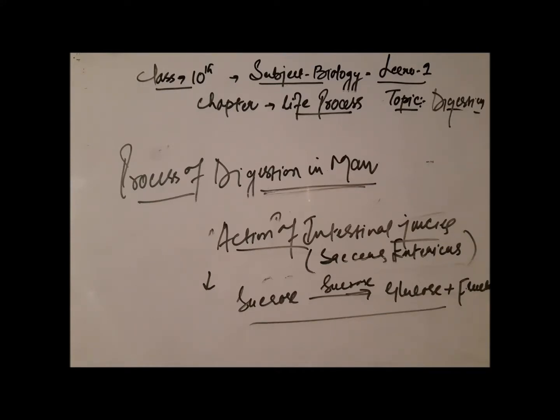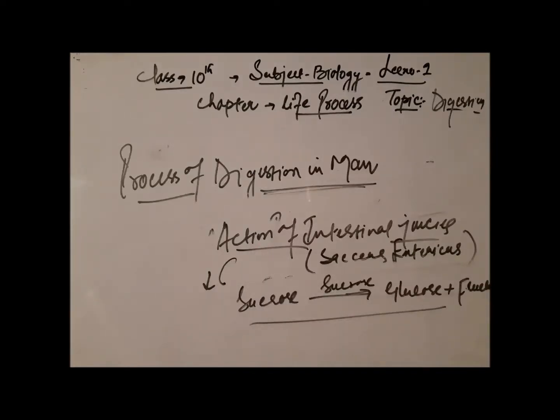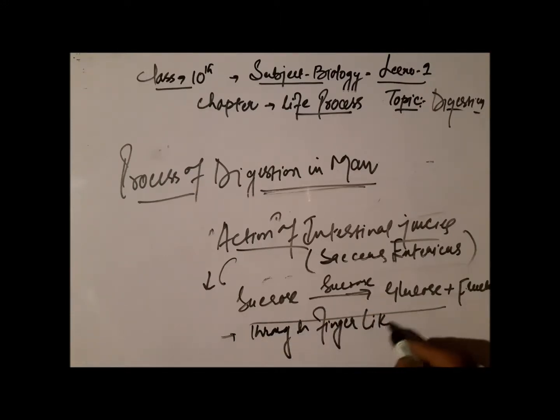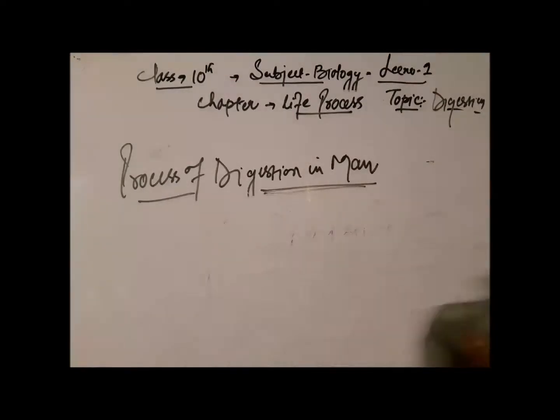The process of absorption in the small intestine takes place through finger-like projections, as we know, and those finger-like projections are called villi. Here the food gets absorbed through finger-like projections, in the process called absorption, as we have already discussed.